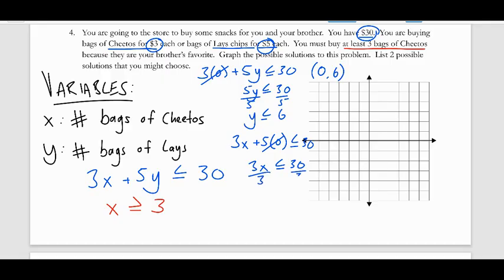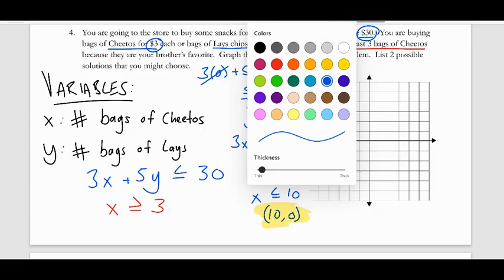Divide both sides by 3, and I get x is less than or equal to 10. So my x-intercept for this one will be (10, 0). So this one has my y-intercept and my x-intercept. Let's go ahead and try to graph this out.